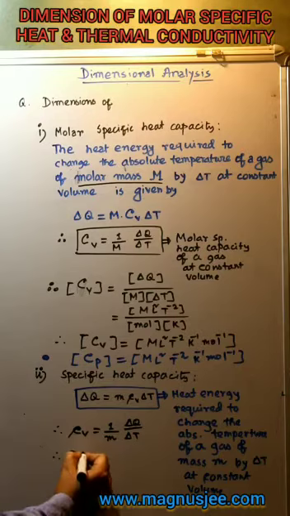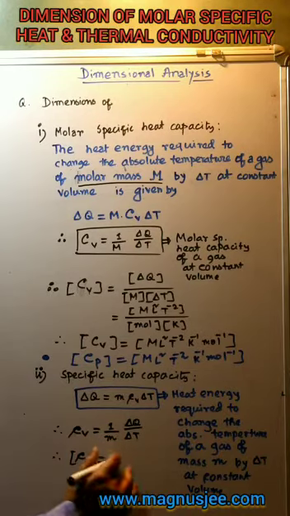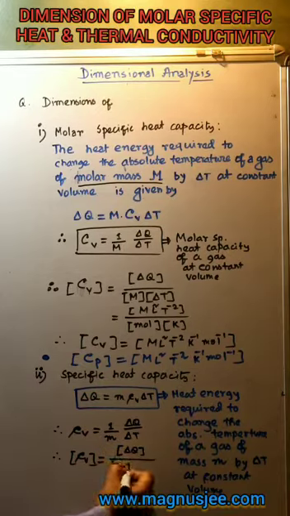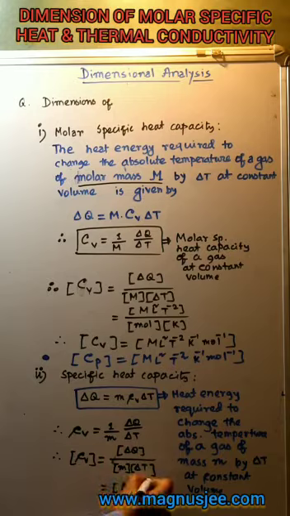So what is the dimension of small cv? The dimension of small cv is equal to the dimension of delta Q divided by the dimension of m into the dimension of delta T. The dimension of energy is M L square T to the power minus 2, and the dimension of m means mass, not mole, and the dimension of change in absolute temperature delta T is K only.